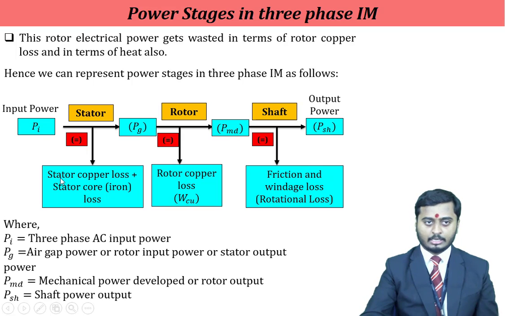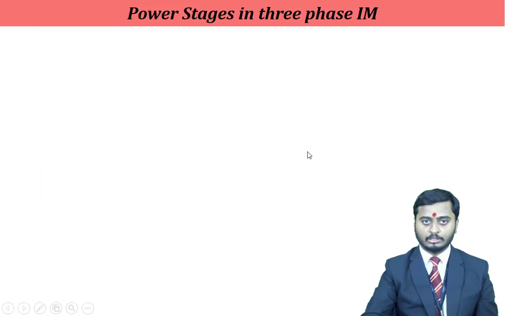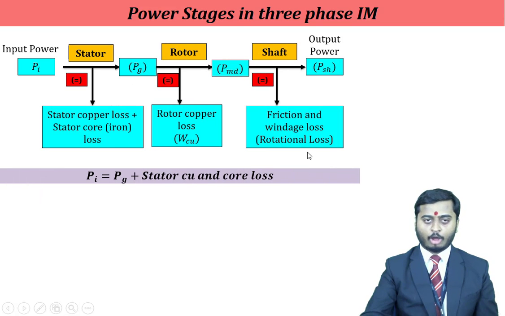From this, we already discussed that PI is the input power, PG is the gap power, air gap power or rotor input power, PMD is the mechanical power developed, and PSH is the shaft power or output. From this we can write PI equals PG plus stator copper losses and core losses.